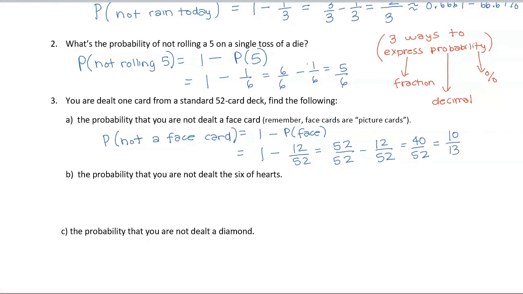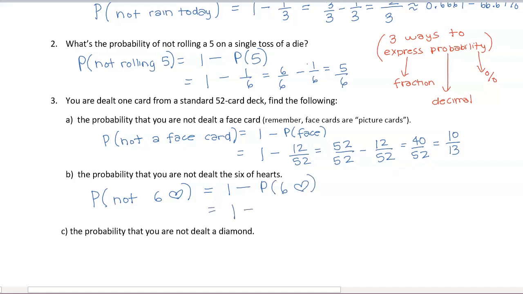Problem 3B says to find the probability that you are not dealt the 6 of hearts. So the probability of not being dealt a 6 of hearts is going to be 1 minus the probability of the 6 of hearts.